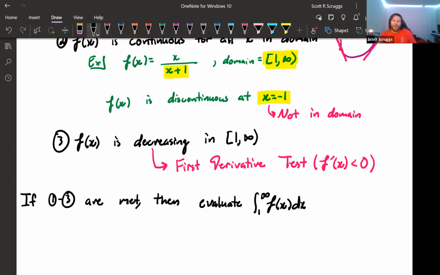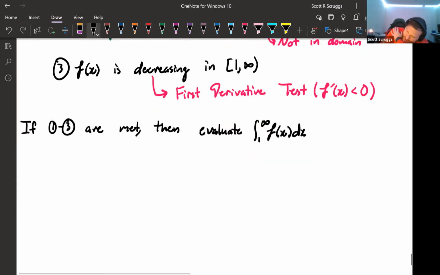And what the integral test says after you check those three conditions is, whatever happens to that improper integral, that will also happen to the series itself.